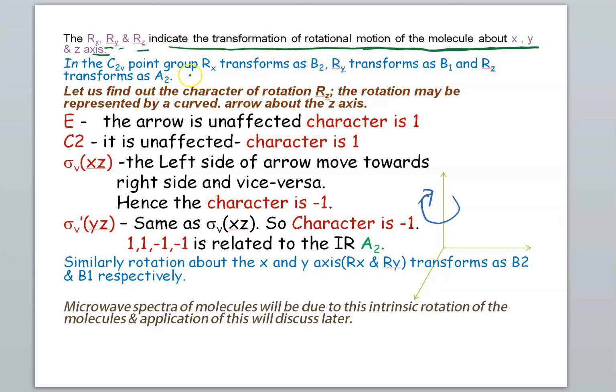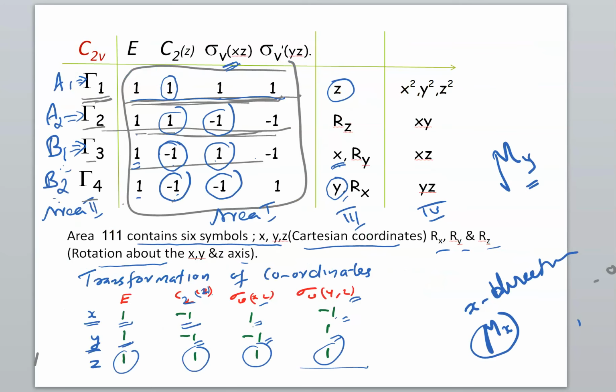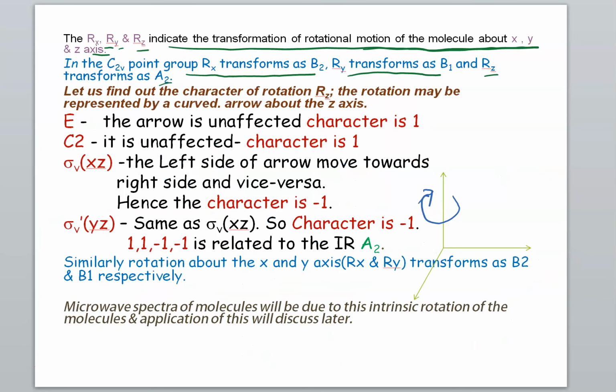In the C2v point group, Rx transforms as B2, Ry transforms as B1, Rz transforms as A2. You can look at it here. That we can discuss.